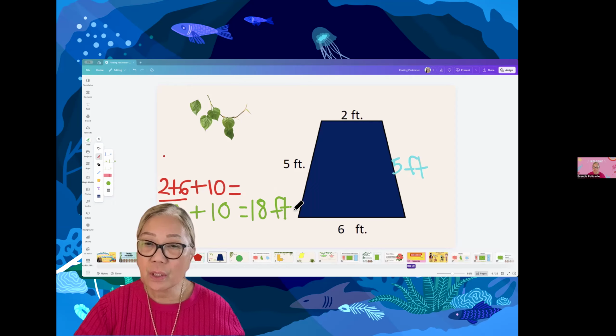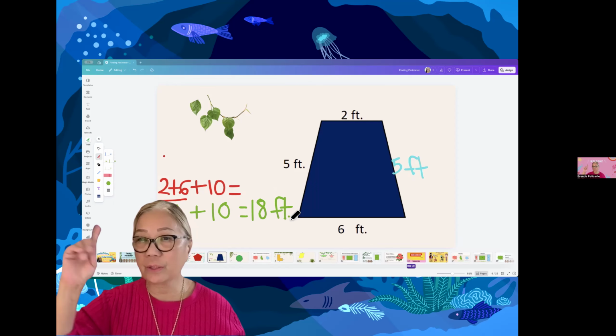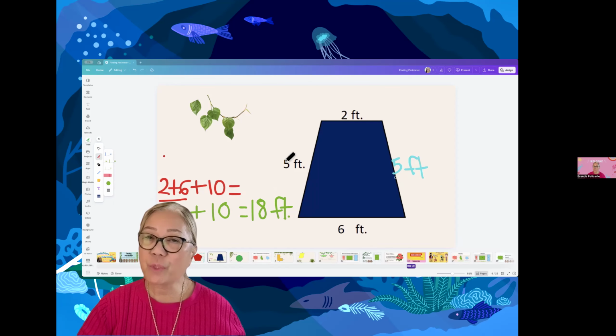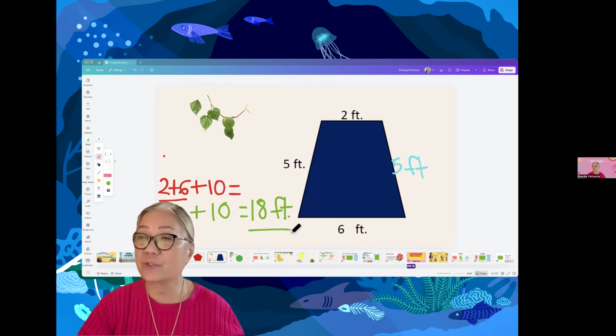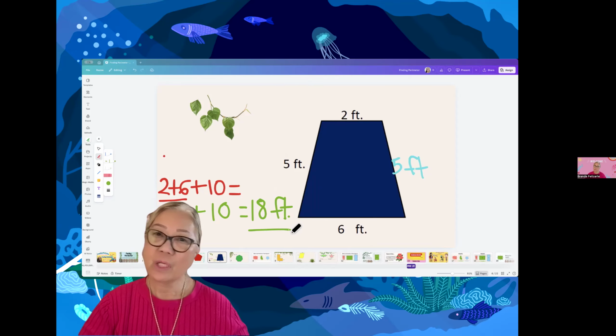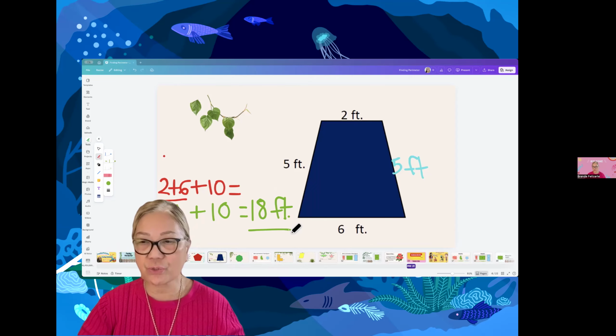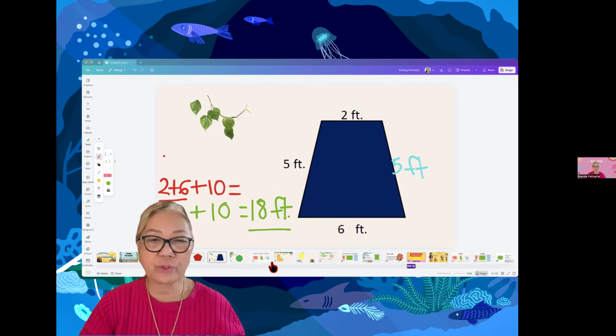Or simply, you can have 5 plus 5, 10, plus 2 is 12, plus 6, 18. See, you have the correct answer, 18. Just put all the lengths together, and you're there.